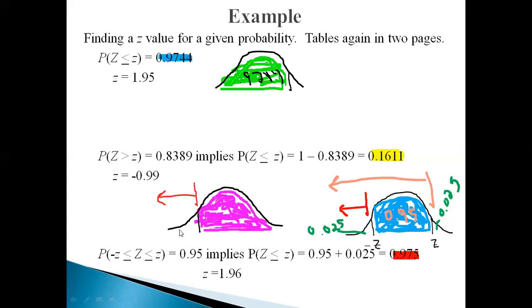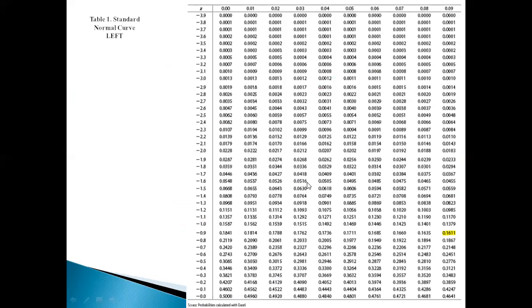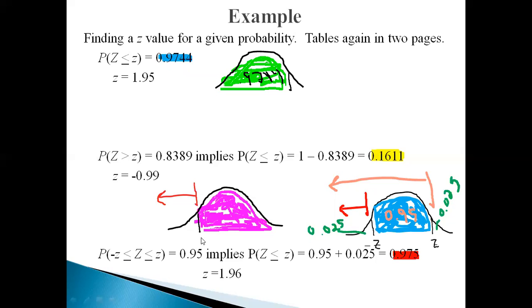We need to find that in the table, so then we can look up what the z is for that value over here. So we have to take 1 minus this, which will give us what's in here, and that gives us, if we go to our table, 0.1611 is going to be a -0.99. So that means that z right here is going to be a negative 0.99. So again, that's 0. We go over here, 0.99, which is negative.